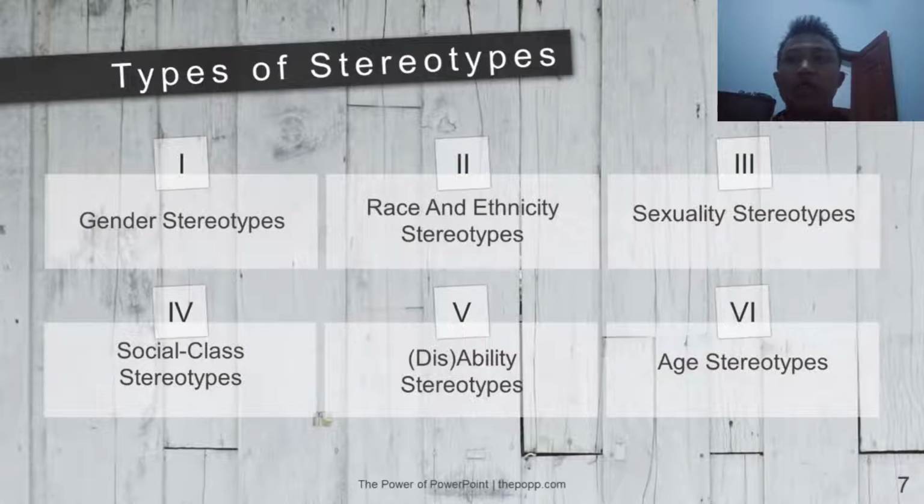Gender stereotypes have been one of the most insidious types of stereotype throughout history. Up until the early 20th century, many women weren't allowed to vote or participate in many professions due to limiting beliefs about their ability to participate in public life.